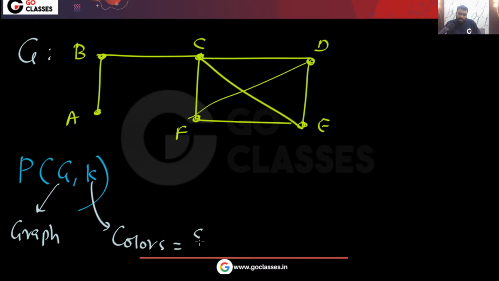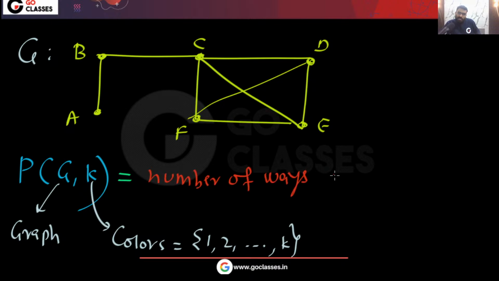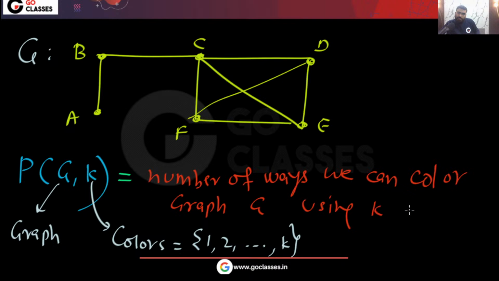You have k colors in total, 1, 2, 3 and so on. This P(G, k) means the number of ways we can color graph G using k colors.